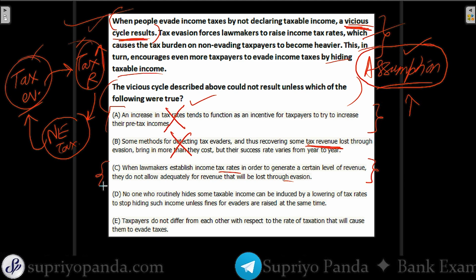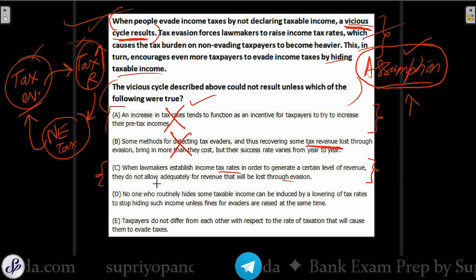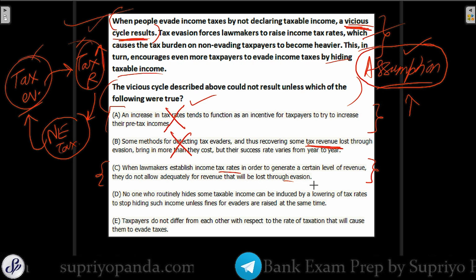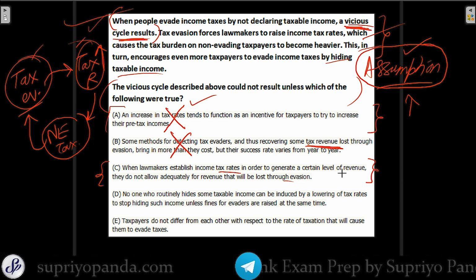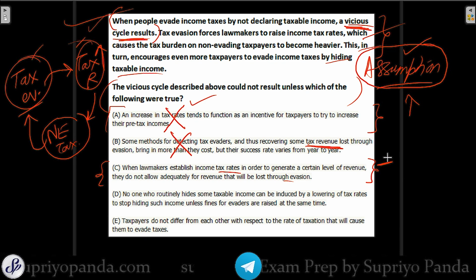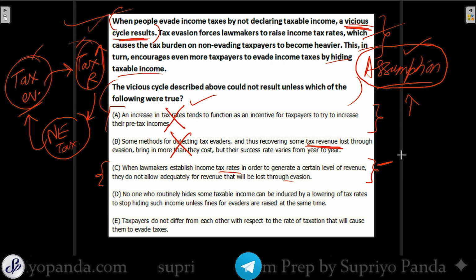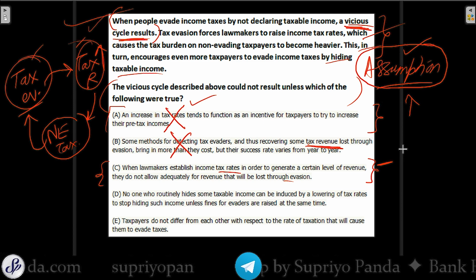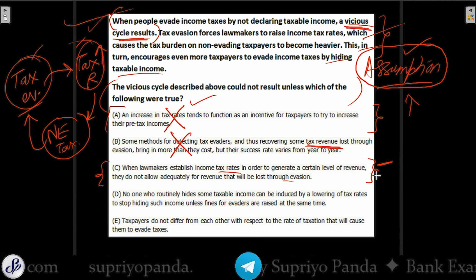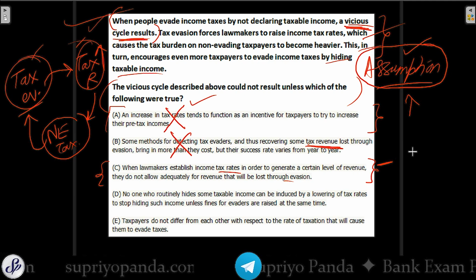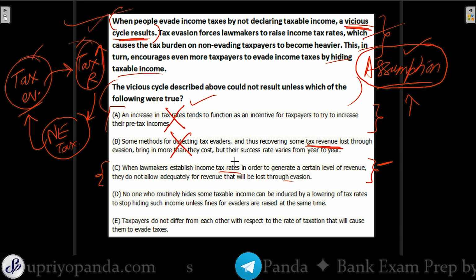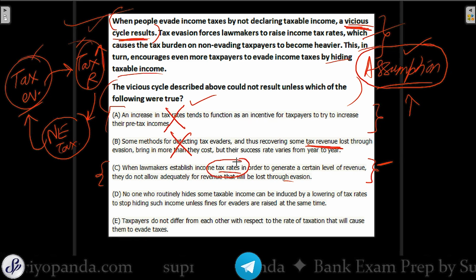So just try and negate this thing. If this was not true, so if they adequately allowed for that revenue which will be lost through evasion to actually be accounted for, this means that the lawmakers are planning very well. So they know that some amount of money is going to be lost through evasion, and then they have planned so that that amount of money they can actually get back through the revenue, because by calculations they have actually set the tax rate.